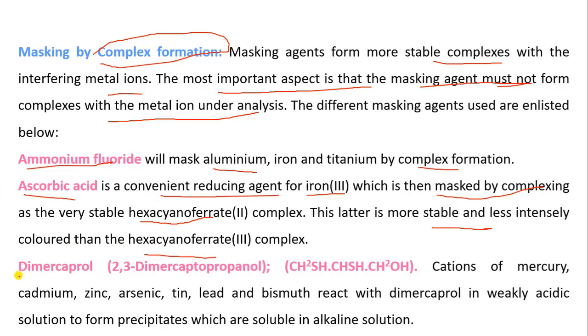Now, dimercaprol. Cations of mercury, cadmium, zinc, arsenic, tin, lead and bismuth react with dimercaprol in a weakly acidic solution to form precipitates which are soluble in alkaline solution. It will mask by precipitation.